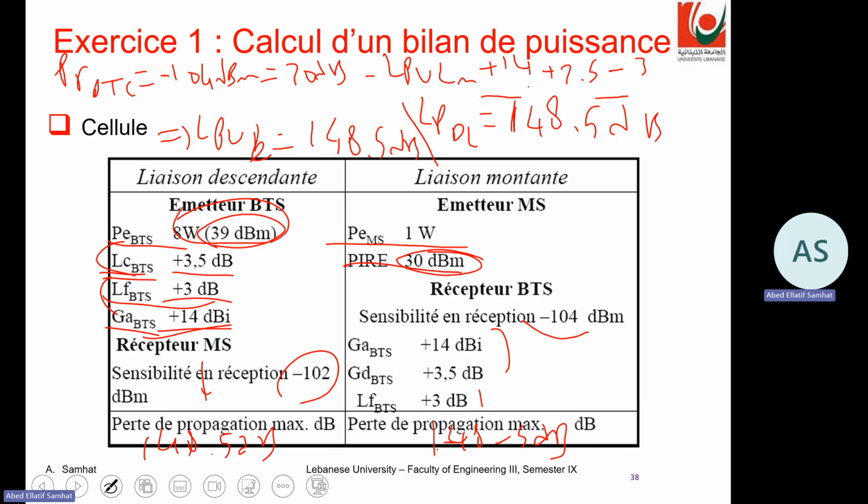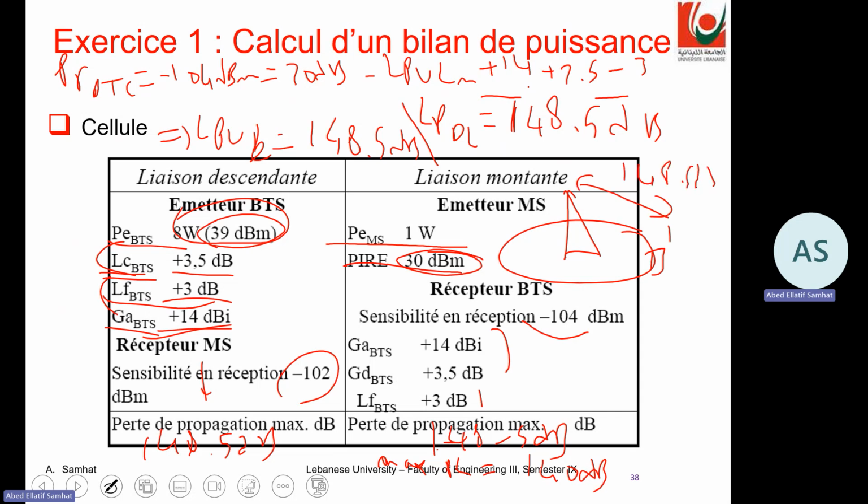Maybe you have a question: assume that it's not balanced. Assume that the maximum path loss in the uplink is, for example, 140 dB. What happens? In the downlink, if the user is here, the path loss will be 148.5 dB. I'm talking about the coverage. This means the terminal of the user is able to detect the signal at this path loss.